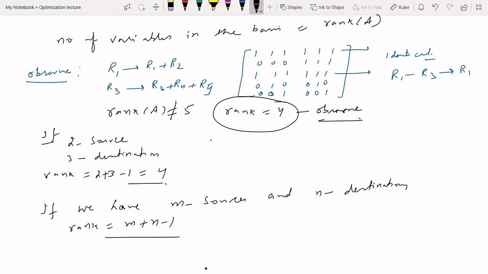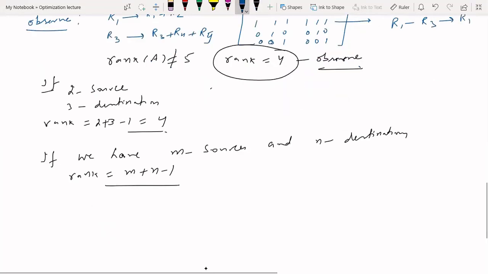So it is the sum total of sources plus destinations minus 1. That means exactly in this case 5 variables cannot be in the basis, but in the basis we have one variable less because one of the rows is redundant and it can be made 0 by using elementary row operations.